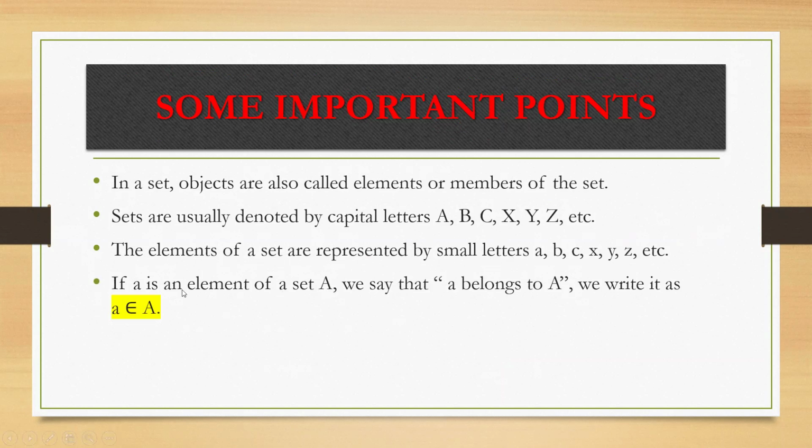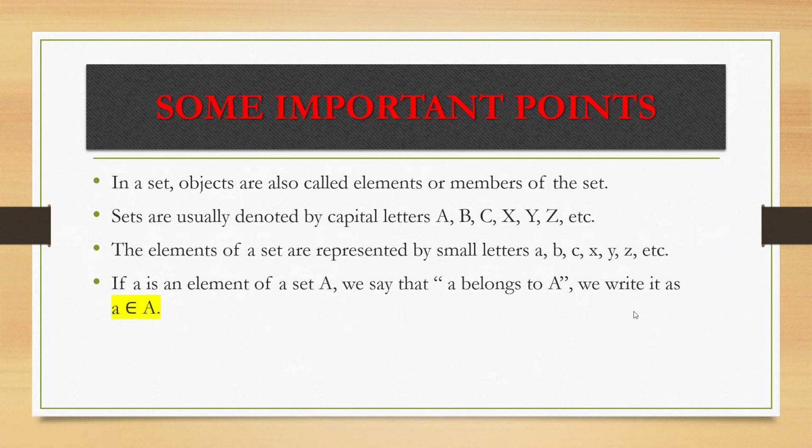Now, if we are having a set capital A and small a is an element of the set capital A, then we say that a belongs to capital A. Now, how will we use a notation for that? This is the symbol which we are using for this, and it is read as a belongs to capital A. And this is a Greek symbol known as epsilon. We are using this symbol to represent the concept of belongs to.